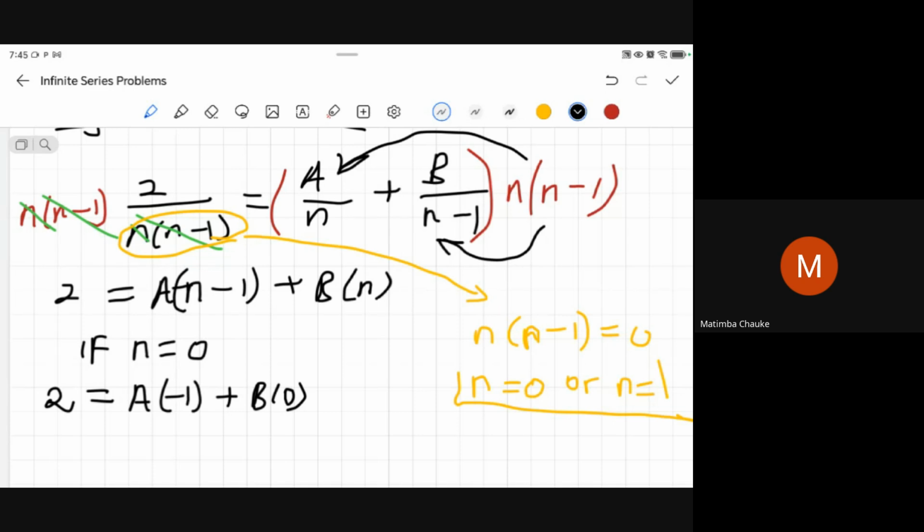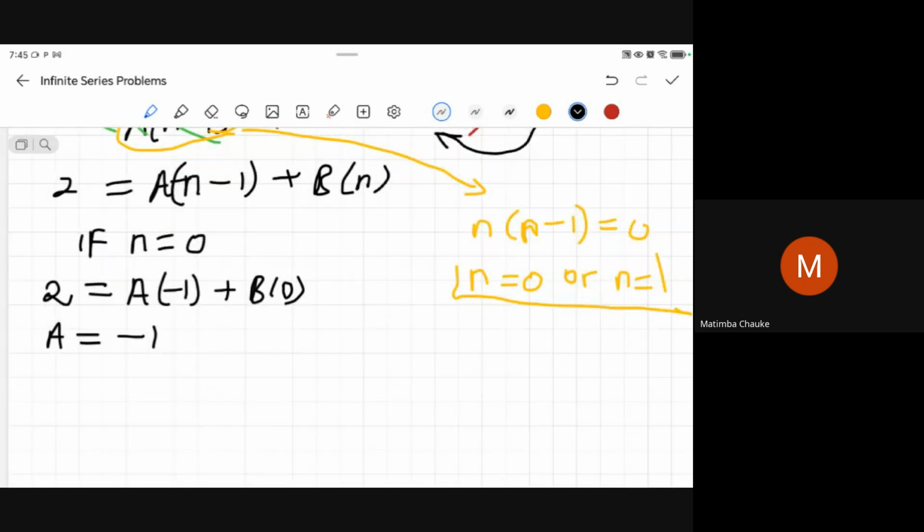And this would mean that A is equal to minus 1 over 2. No, not minus 1 over 2, minus 2, because if I divide by minus 1, then I get minus 2.